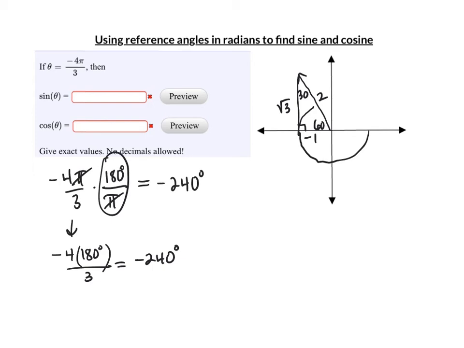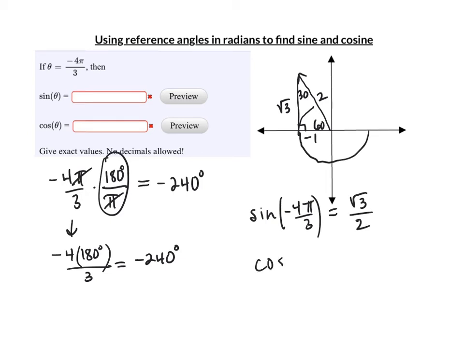And now we can find the sine and cosine. So the sine of negative 4 pi over 3 in radians is opposite over hypotenuse, and our reference angle again is 60, and the opposite is root 3 over the hypotenuse of 2.